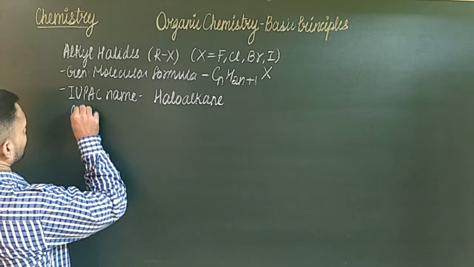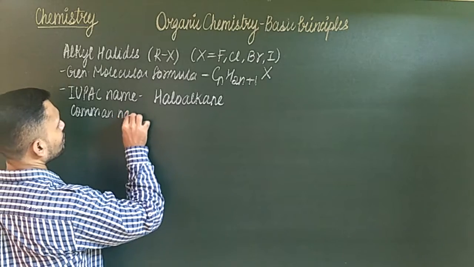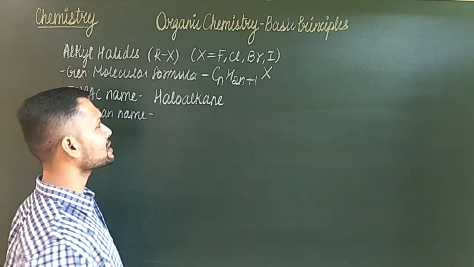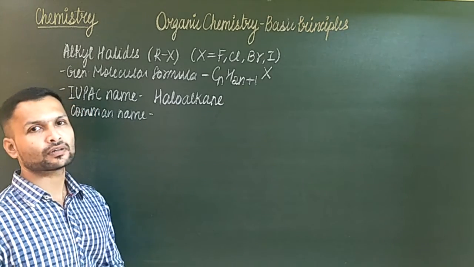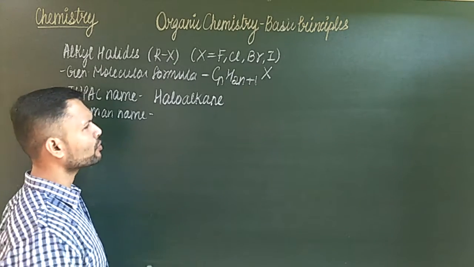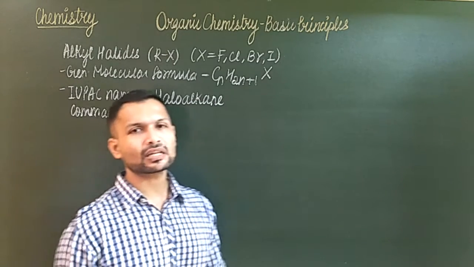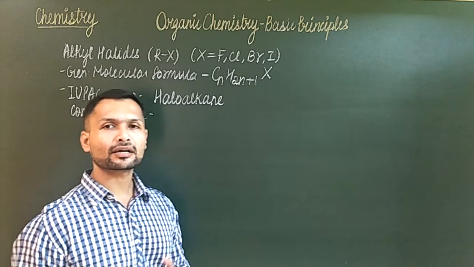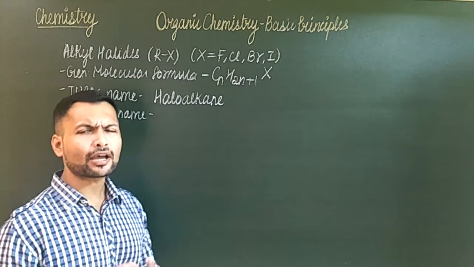And common name. We will be seeing the common names of the alkyl halides of almost up to 5 carbons. We will see the IUPAC naming and the common naming of the isomers of haloalkanes up to 5 carbon compounds, or maybe 6, because for your boards these are generally the organic compounds that can be asked as questions for chemical reactions or even IUPAC naming.